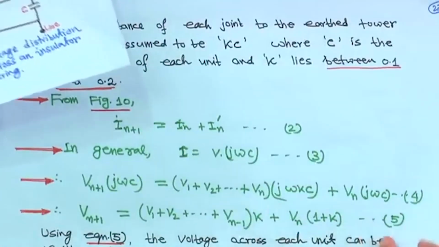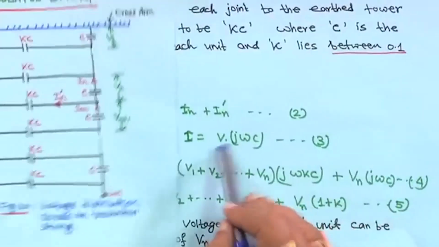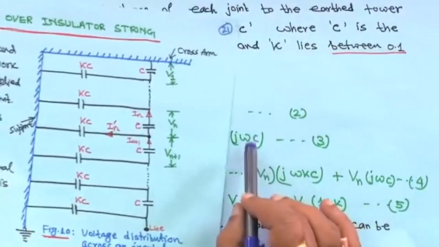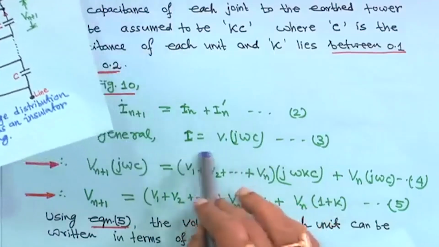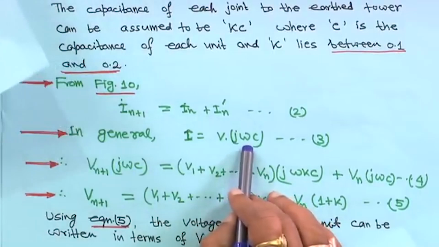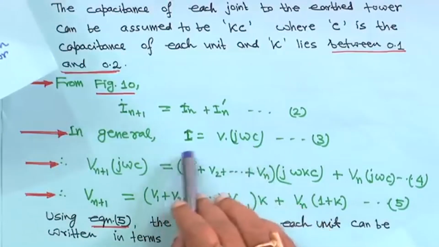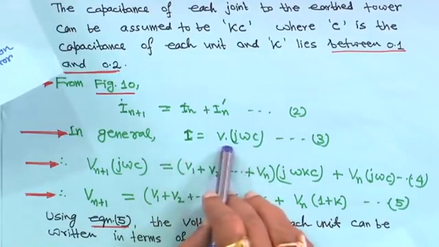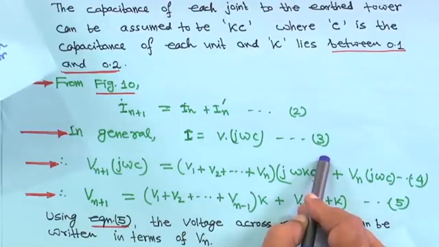Next, in general we know I is equal to Y into V, where Y is the admittance. So I is equal to Y V, and Y is equal to j omega c. So in general, I is equal to V into j omega c. This is equation 3.